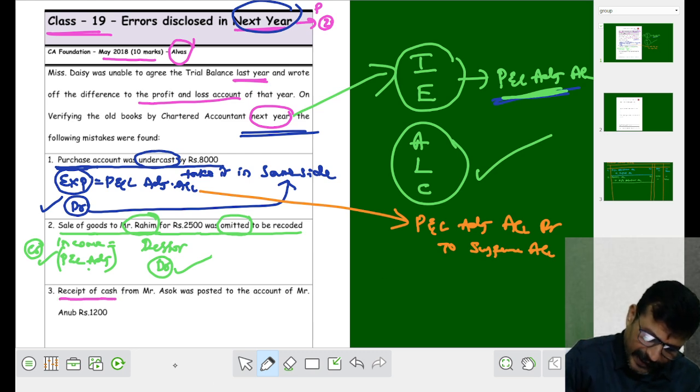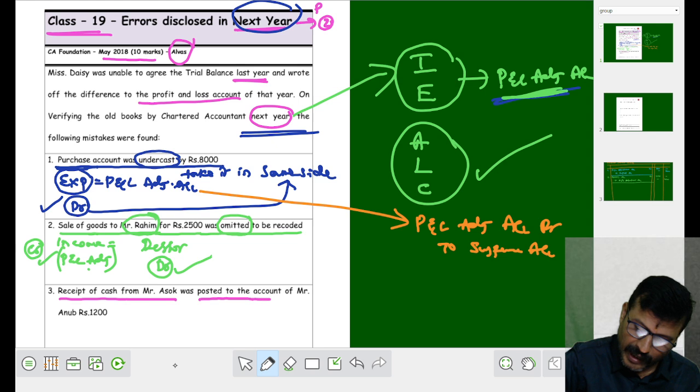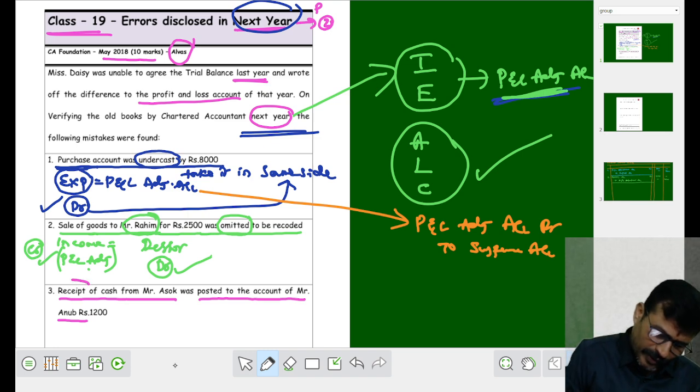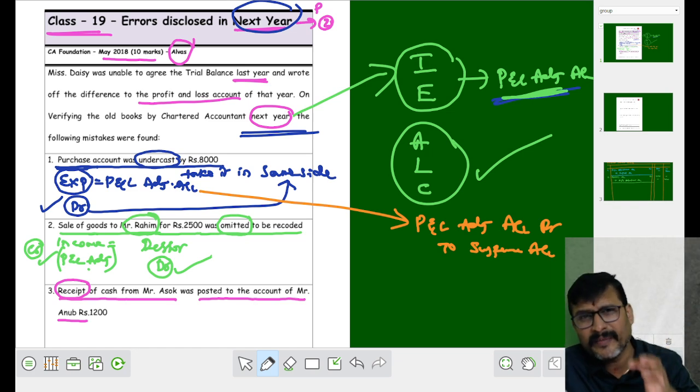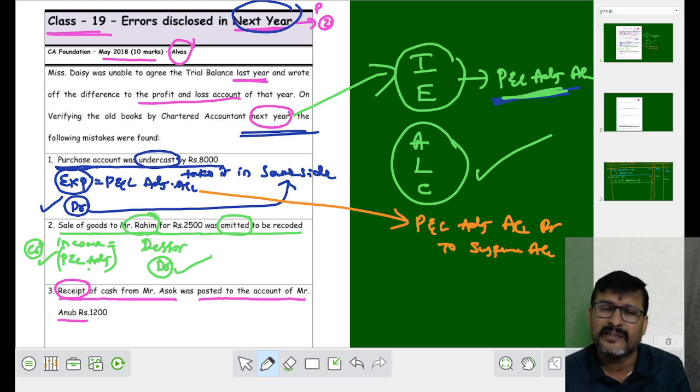See the next transaction, my dear students. Receipt of cash from Ashok posted to the account of Mr. Anub. When you received cash from a debtor, from Ashok, you are receiving cash from whom? Is it possible to receive money from a person who is walking on the street?